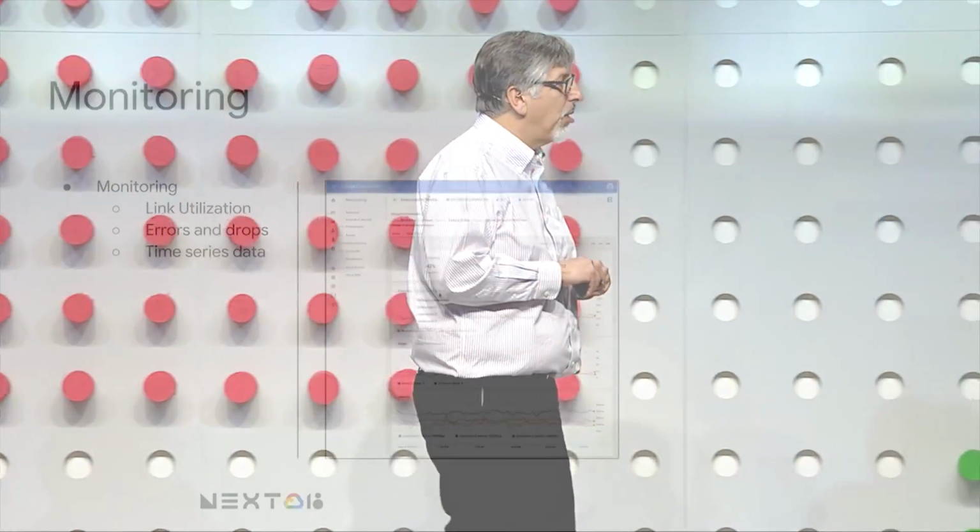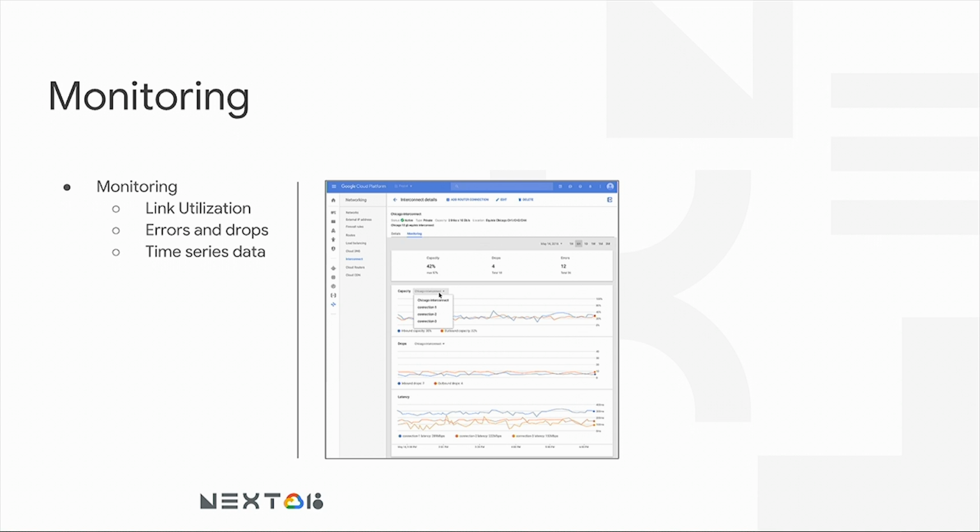One of them is you can go into the Cloud Console and we will give you things like link utilization, drop data, etc. And those are time series values, so you can select whether you want to see the last hour or the last day or the last week, etc. So a pretty nice, rich user interface around all the monitoring data, and you can get that right out of the Cloud Console in the section around the object you're trying to monitor. So you can go into the interconnect and monitor that interconnect. With partner, you can go to the VLAN and monitor that VLAN.